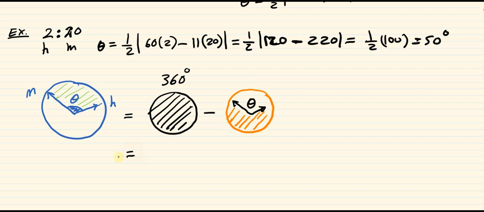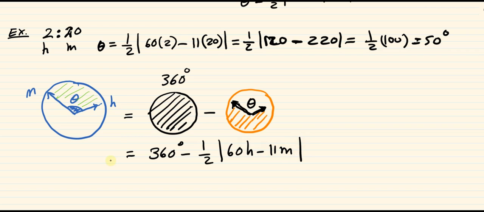So this is going to be 360 degrees. And remember, the region that doesn't include 12 o'clock, that's below theta here, is going to be 1/2 the absolute value of 60h minus 11m.